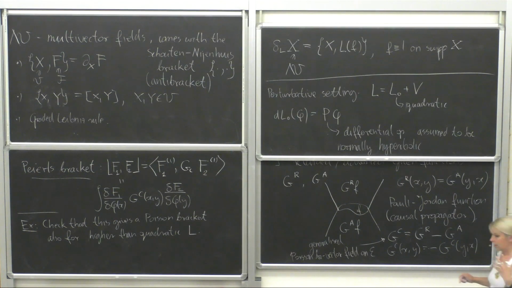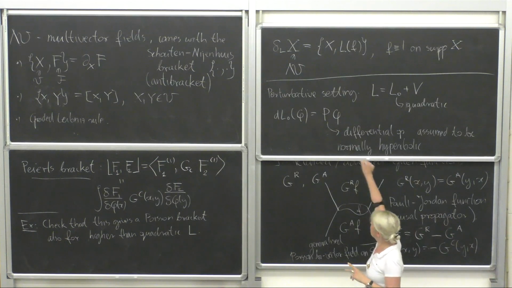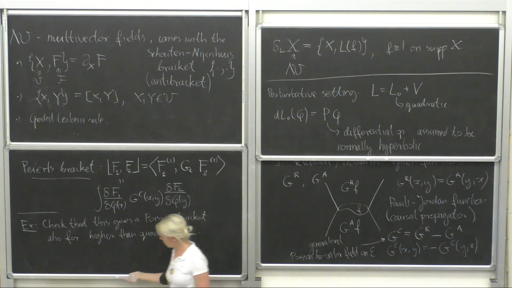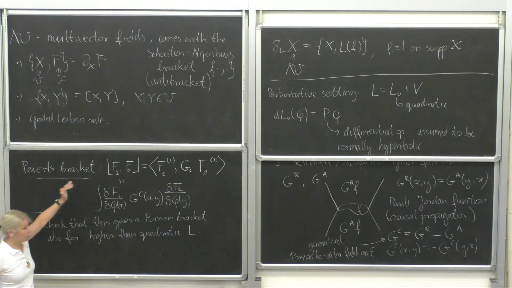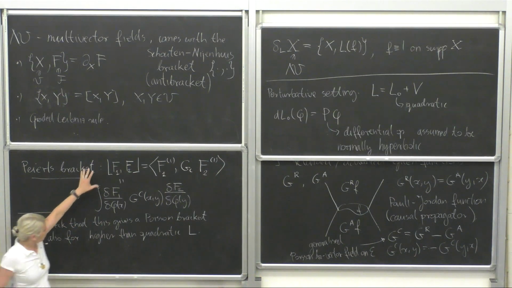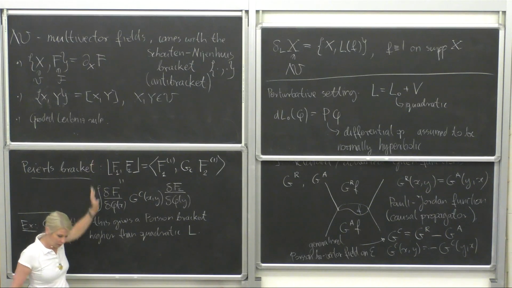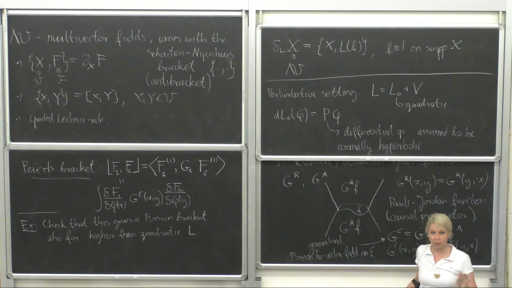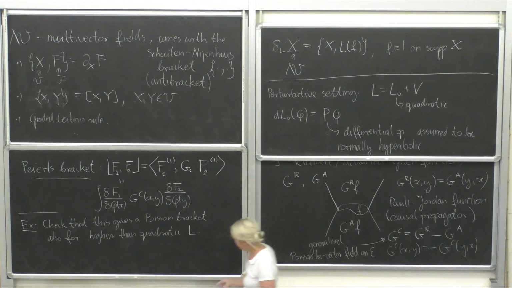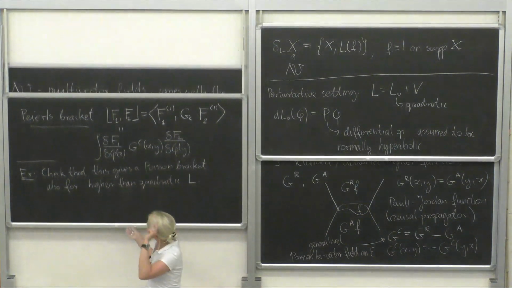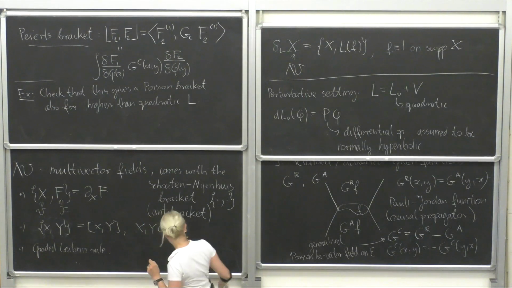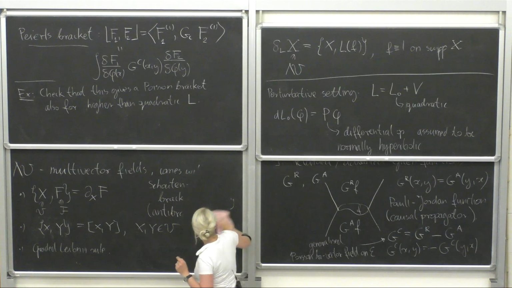So the next step, I want to quantize first the free theory, starting from the Poisson algebra, where I have this bracket as the Poisson bracket, and the product is the pointwise product of functionals. So the next step is deformation quantization.